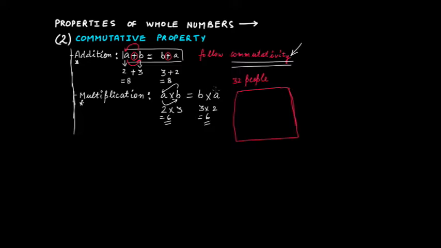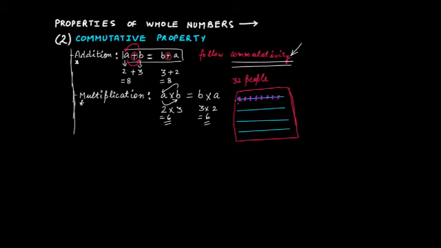You say, okay, what we can do is let's make 4 rows: 1 row, 2 row, 3 row, and a 4 row. And in each row, let's put 8 chairs, so chair number 1, 2, 3, 4, 5, 6, 7, and 8.